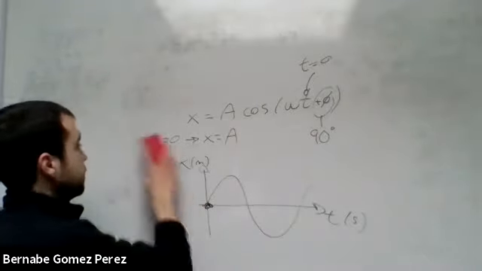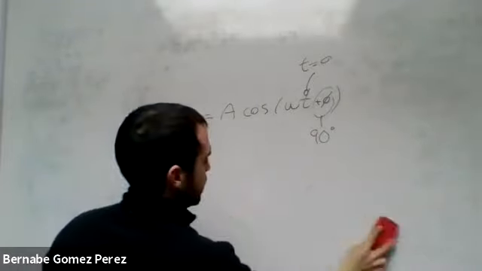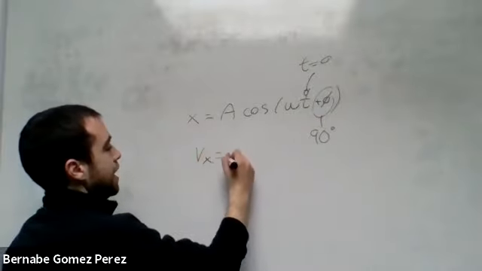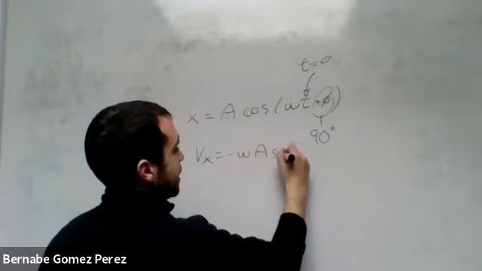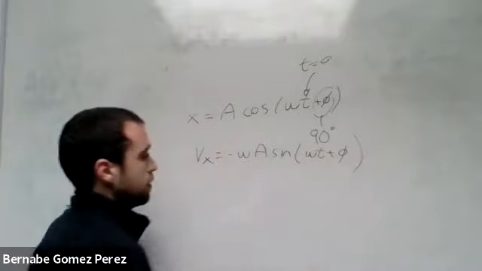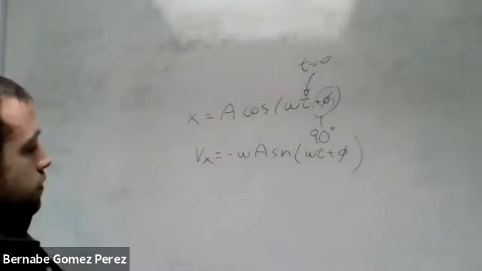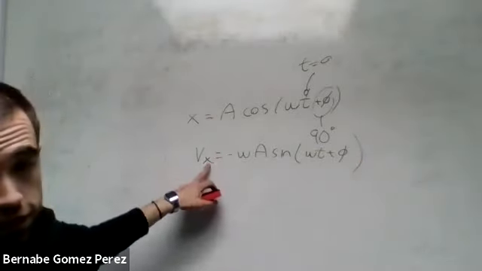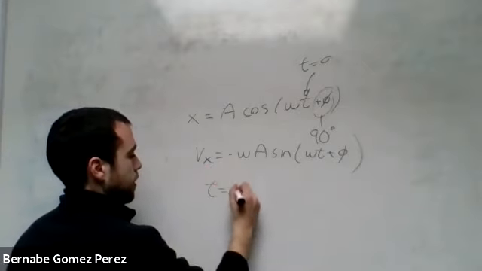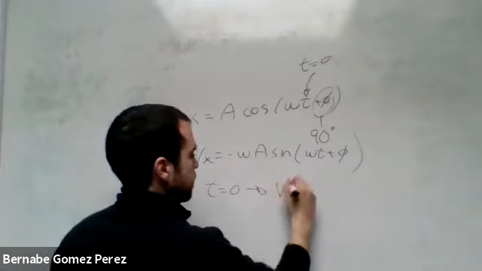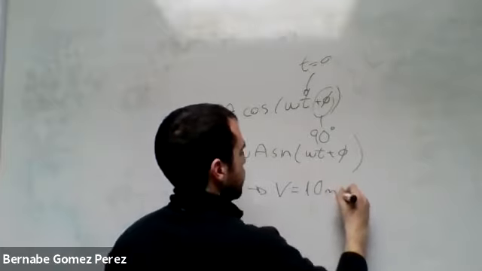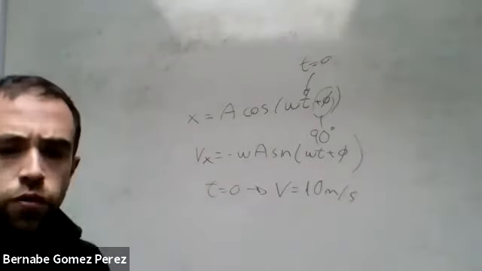In the same way, I know that the velocity of the harmonic motion is described as minus W A sine of Wt plus phase, okay? But if I tell you that at t0, the velocity is equal to 10 meters per second, you say, wait.